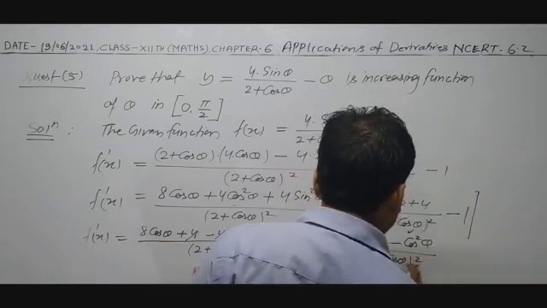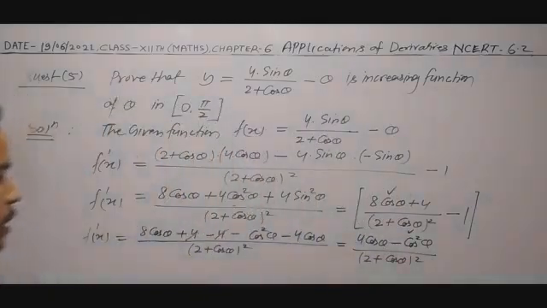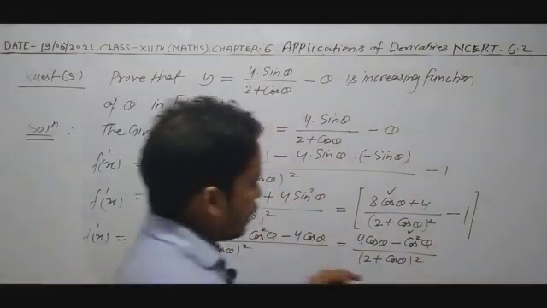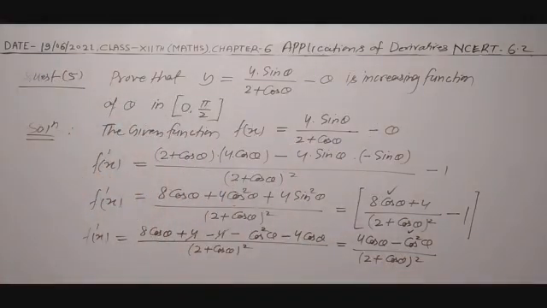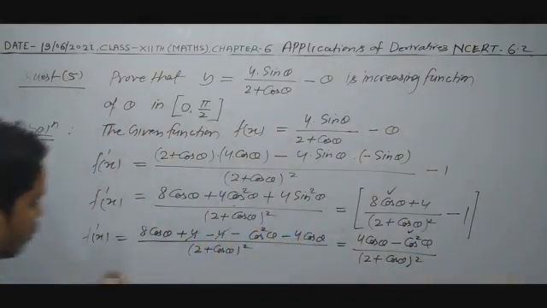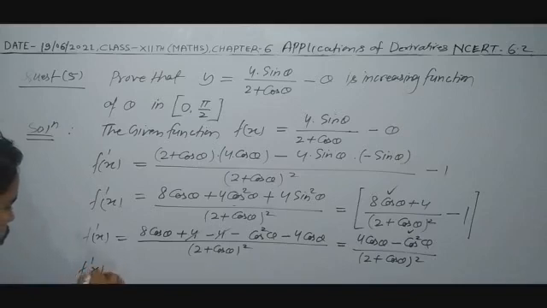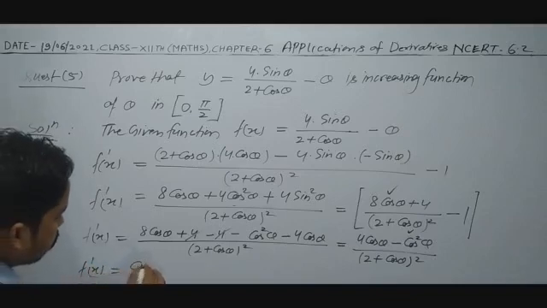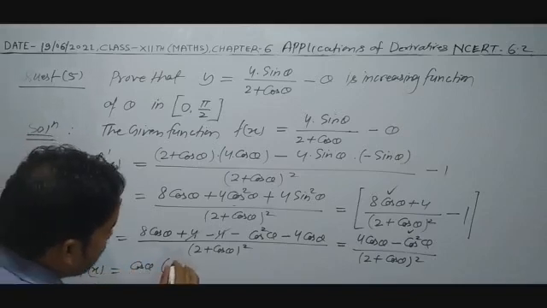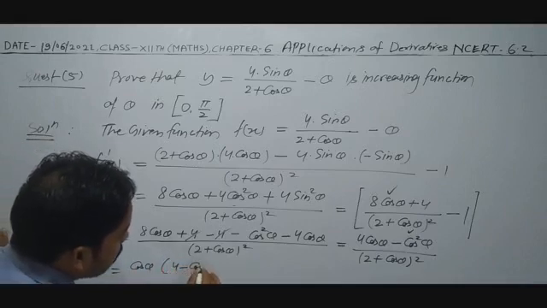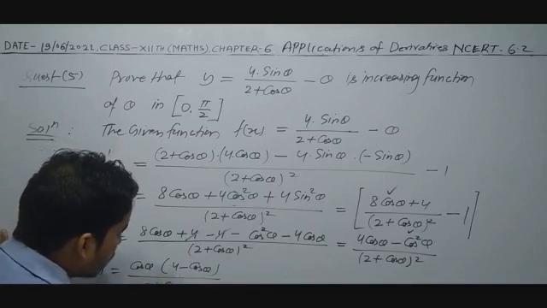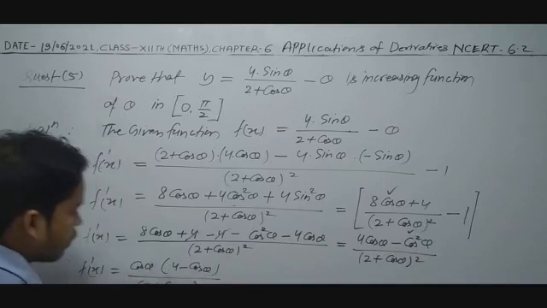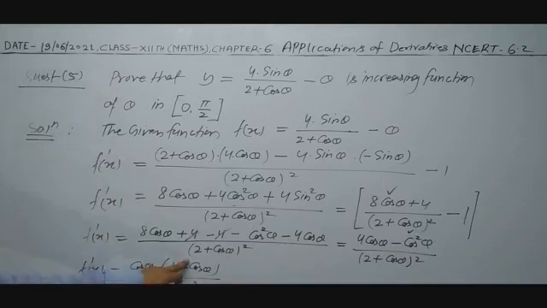(2 plus cos theta) whole square, and its denominator value is always positive because this is a square term. Taking cos theta common, f dash x will be equal to cos theta (4 minus cos theta) whole upon (2 plus cos theta) whole square, and each of these terms is positive.